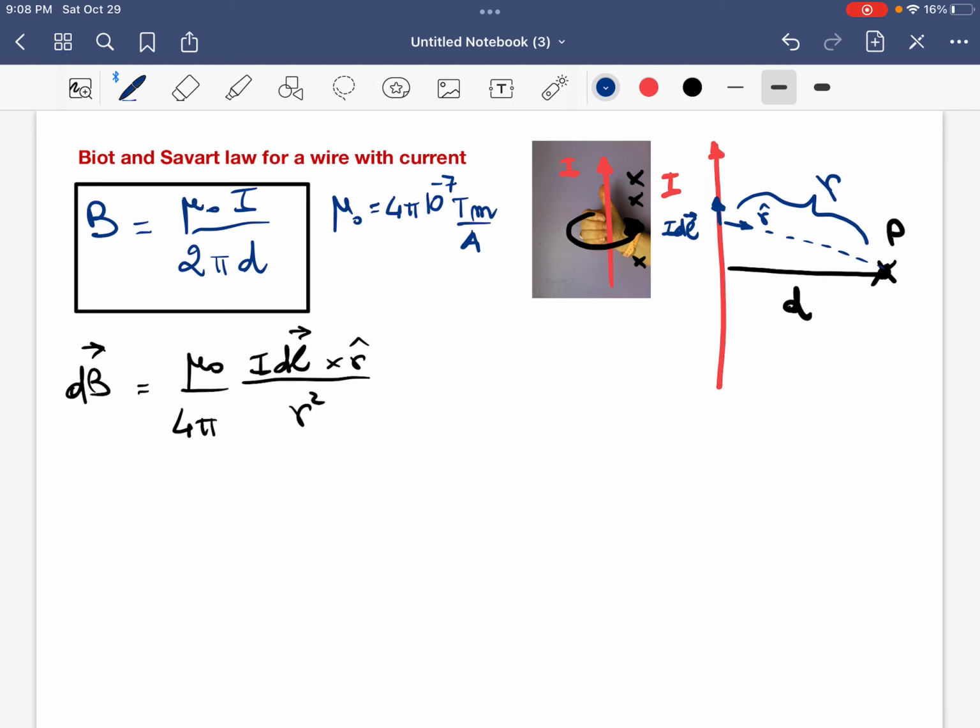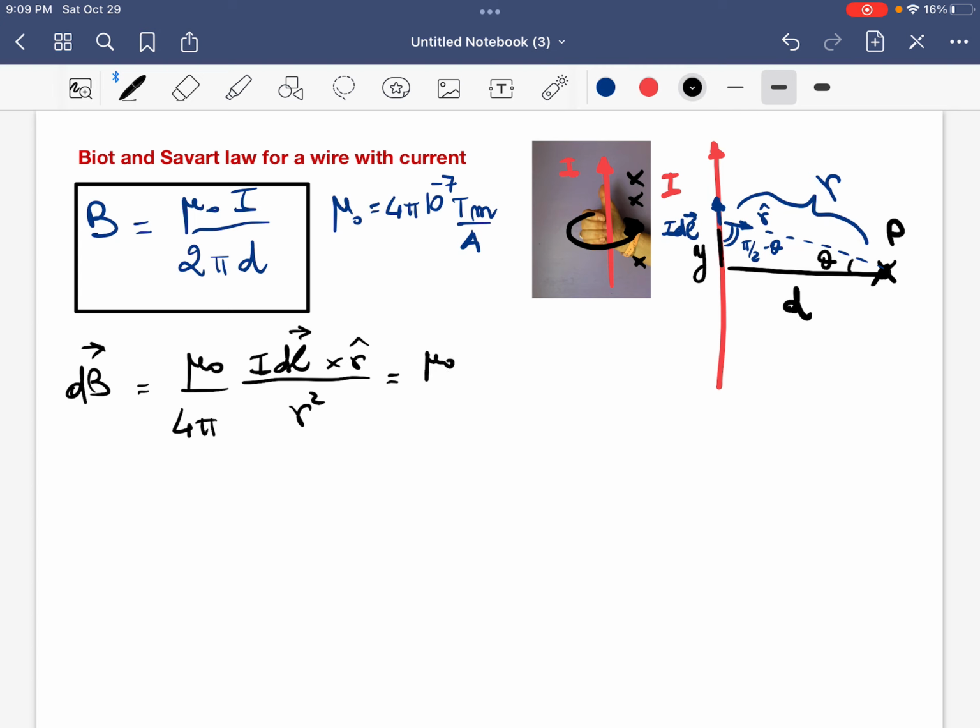And then my wire infinitesimal I dl, because I am on the y-axis, is along the y at the distance y from the origin. Let me call theta the angle at the point P. Therefore, the angle between the infinitesimal I dl and r hat is pi over 2 minus theta. And now I can work on Biot and Savart law.